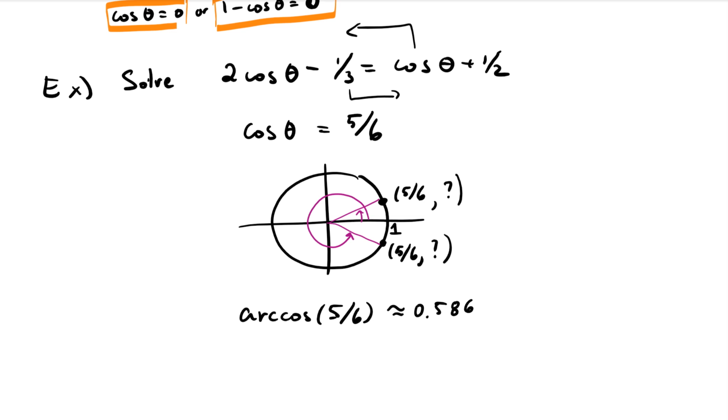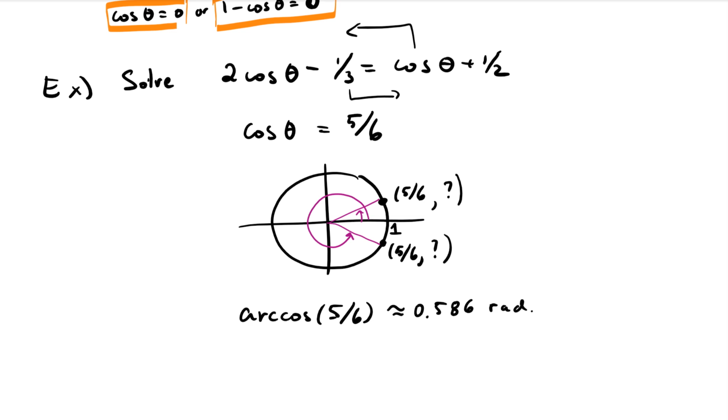So that's the angle. So half a radian. I'm in radians right now. If I don't specify, automatically it's in radians. If it's going to be in degrees, I will have to put degrees here. If we don't put anything, it's in radians.